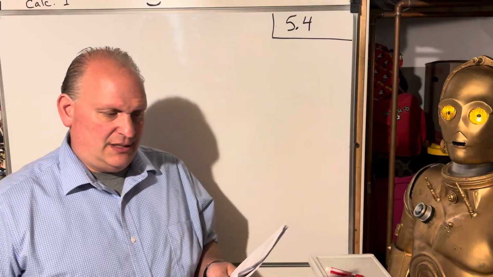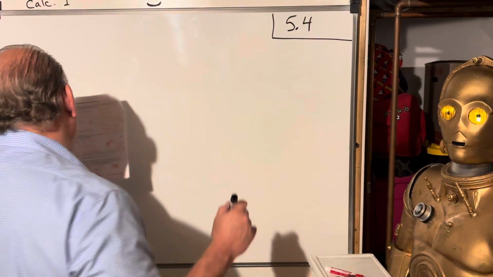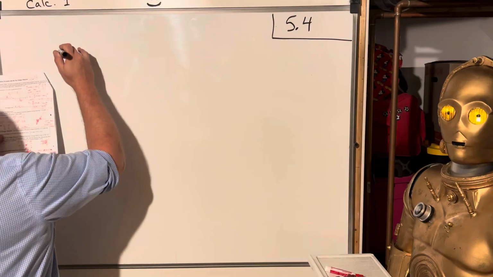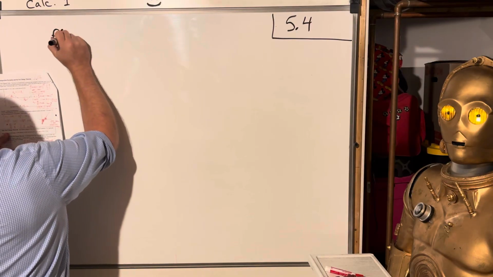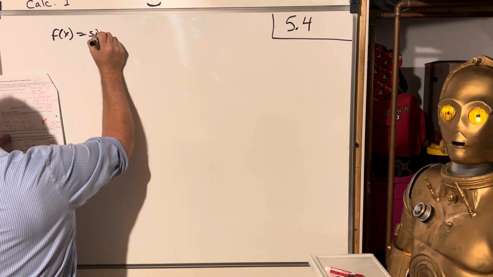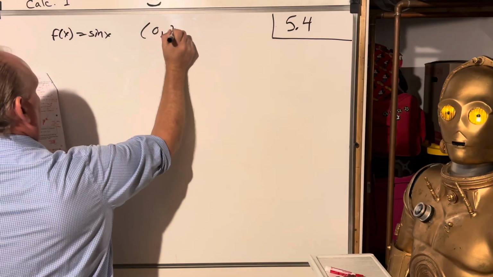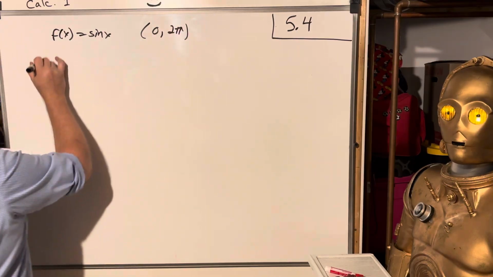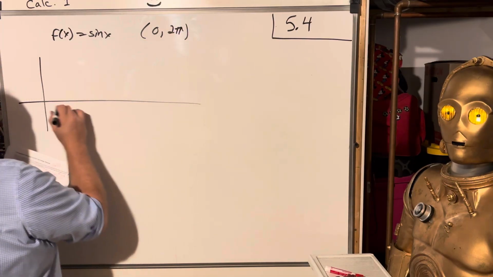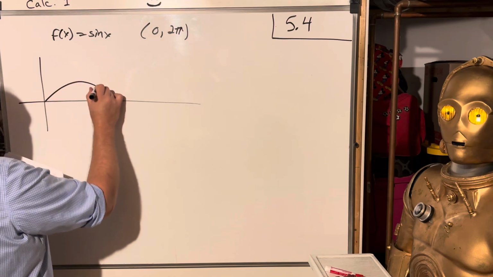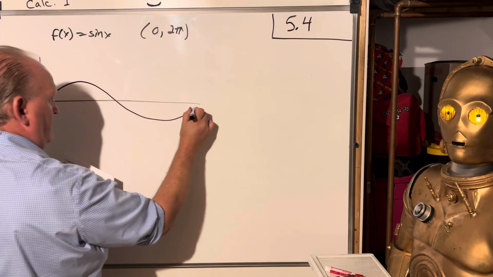Well, here's the explanation. If we take a look at the sine curve, f of x equals sine of x from 0 to 2 pi, where we have the sine going up and going down like that.